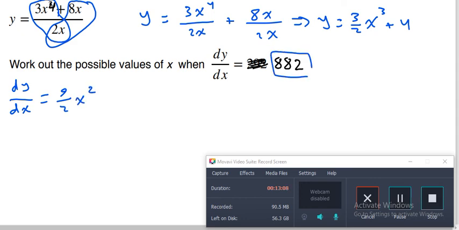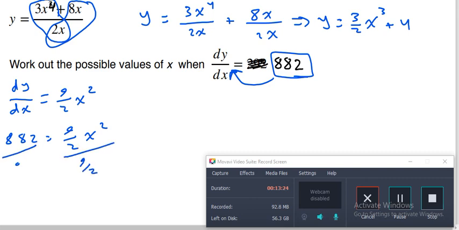This value will be put in the place of dy/dx, not in the place of x. So 882 equals 9/2 x^2. It's a simple equation. We can solve by dividing by 9/2, divide by 9/2, cancel, then x^2 equals what? 882 divided by 9/2 equals 196.